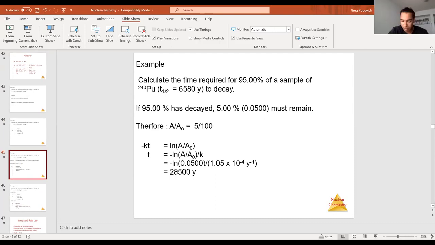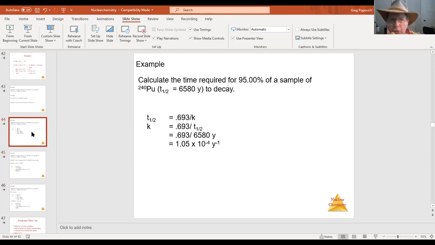I'm sorry, could you go back to the previous slide? Be happy to. Half-life is 6580, Manuel. I'm dividing 0.693 by 6580, and I get 1.05 times 10 to the minus fourth.